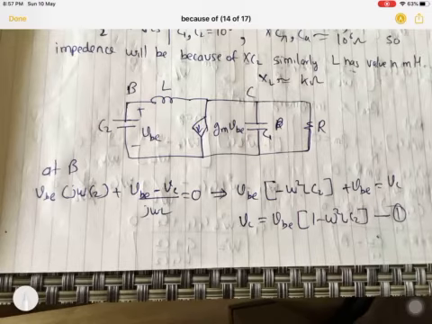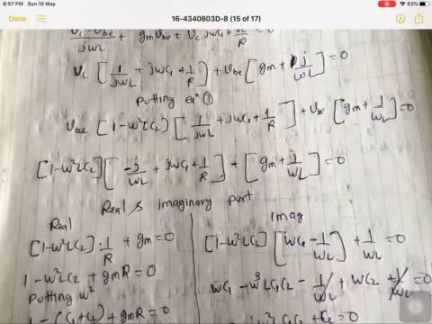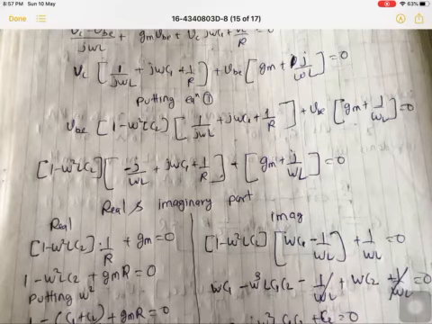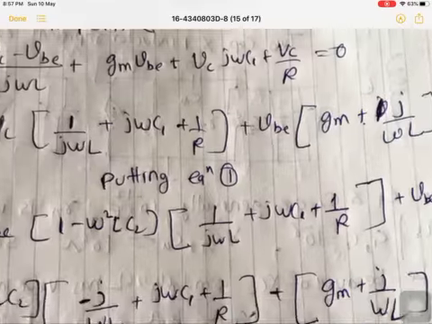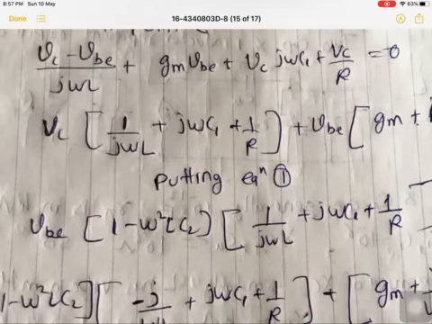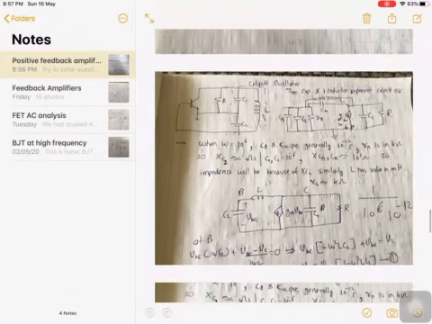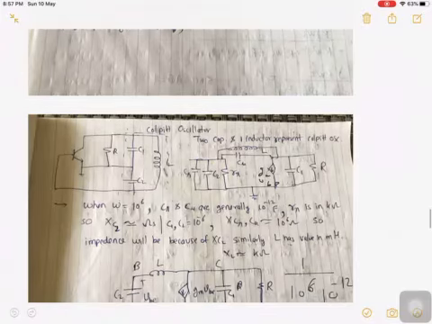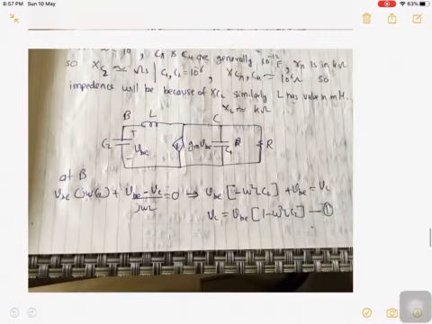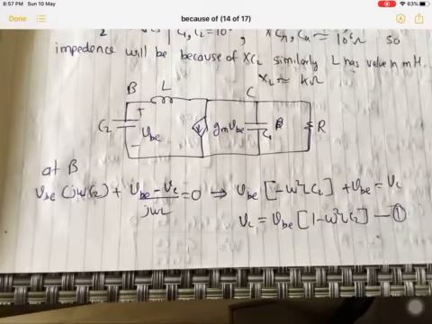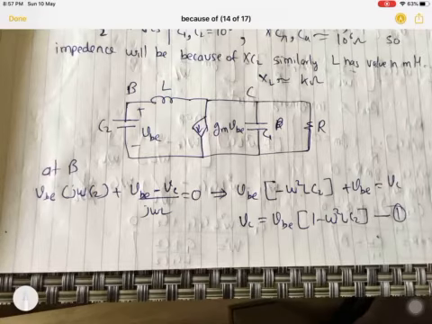Now, I am moving forward, applying KCL at point C. At point C, one is this R element, one is C1, one is GMVB, and one is this L term.